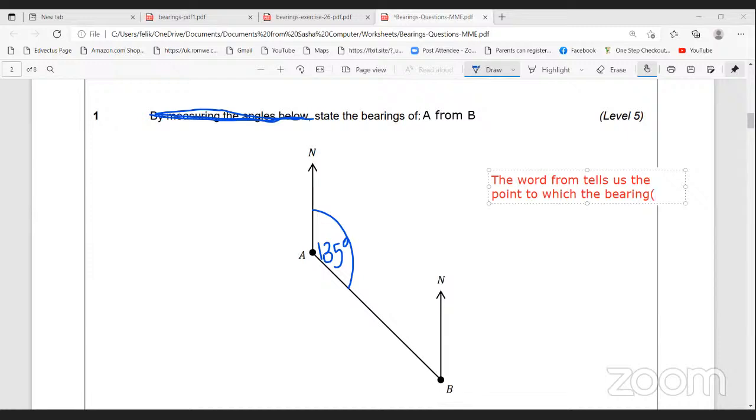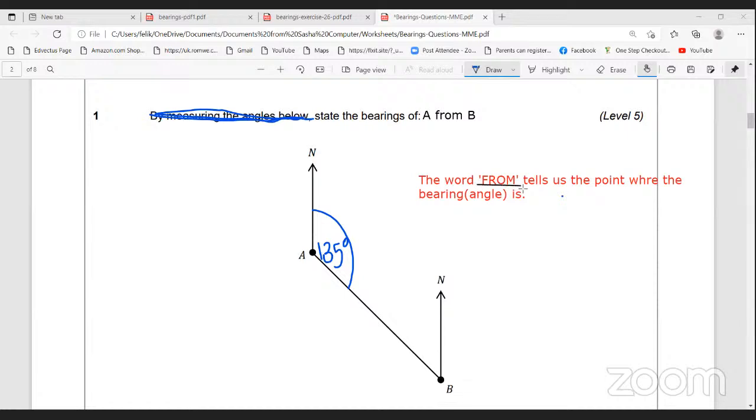When we say bearing, we're talking about the angle here. Hope it makes sense.